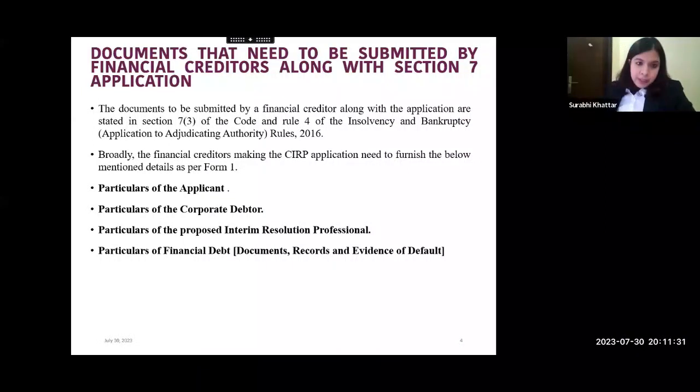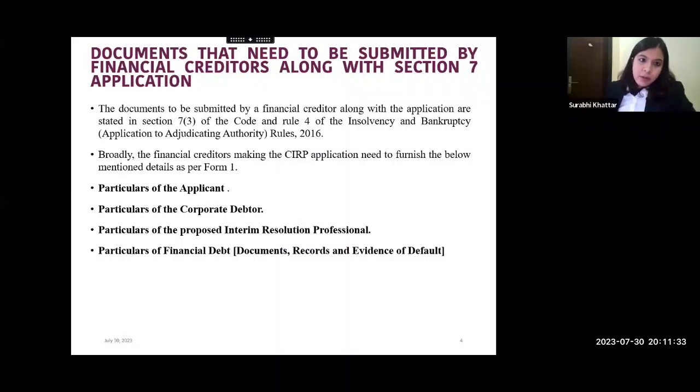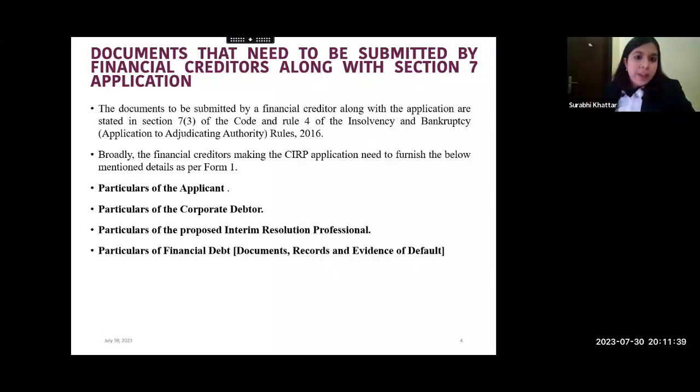If there is an assignment of debt, then the assignment agreement also needs to be attached. The other main document that is required is the evidence of default. Now, how can you show default? There could be documents, say an acknowledgement by the corporate debtor in an email or in some letter admitting to its liability; that is evidence of default.